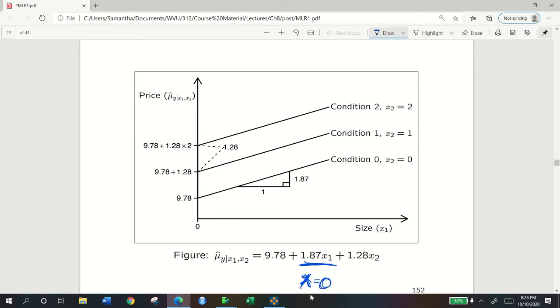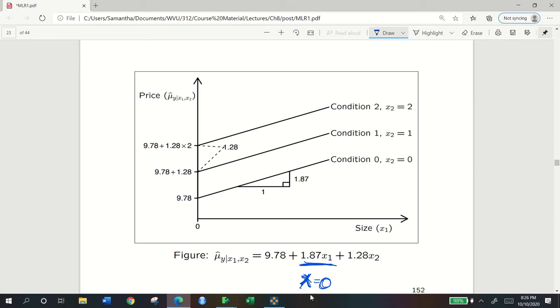If we're going to have our size at 0, I guess we would have to consider that as a plot of land without a house being built on it.